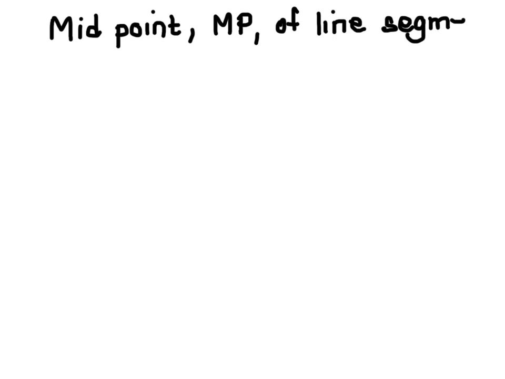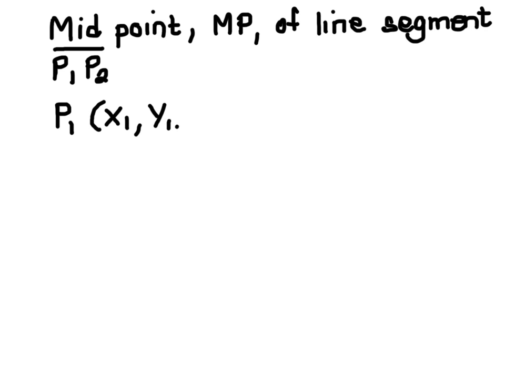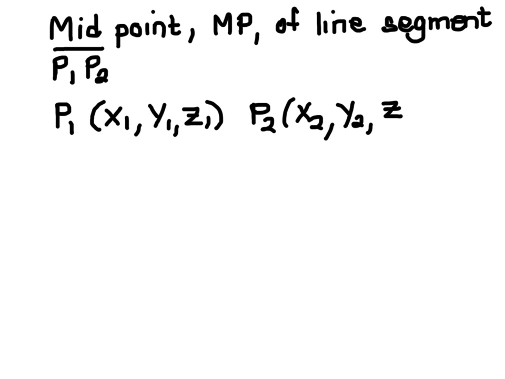So the midpoint of a line segment, and that'll be line segment P1 P2, starting at P1 going to P2, such that P1 is the point x1, y1, z1, and P2 is the point x2, y2, z2.